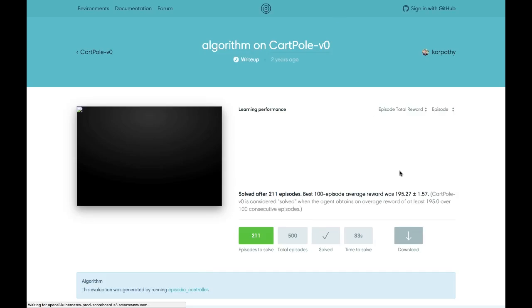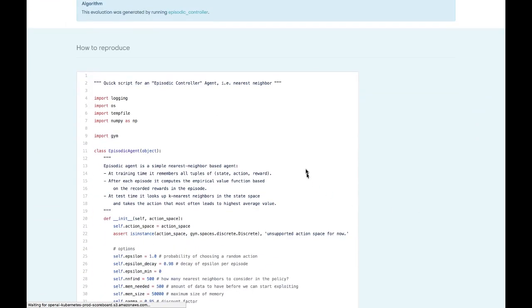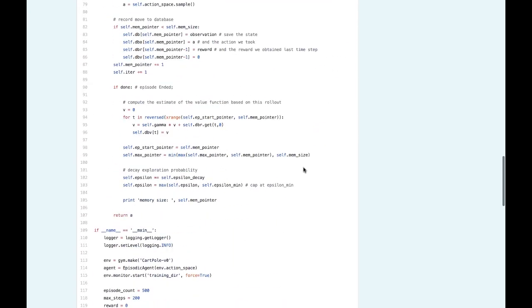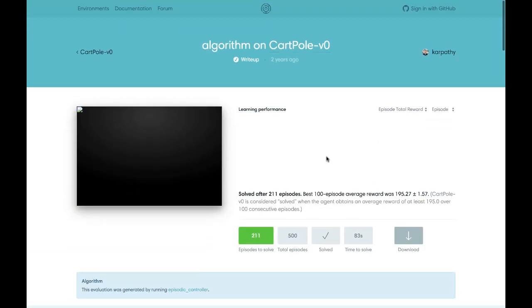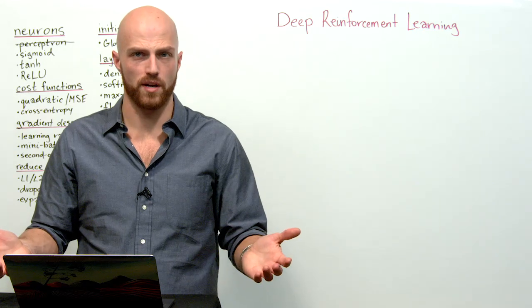And you can actually click through and look at his or anybody else's algorithm, their agent, for playing the game. So here's a look at an agent. We're going to be making a simpler version of an agent today. But this is a fun way that you can explore how various other people have set benchmarks and the differences between their algorithms. So that's the Cartpole game.